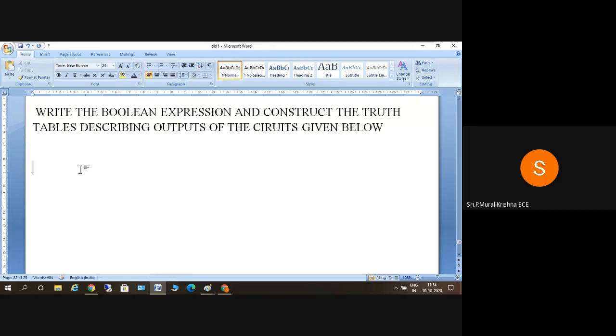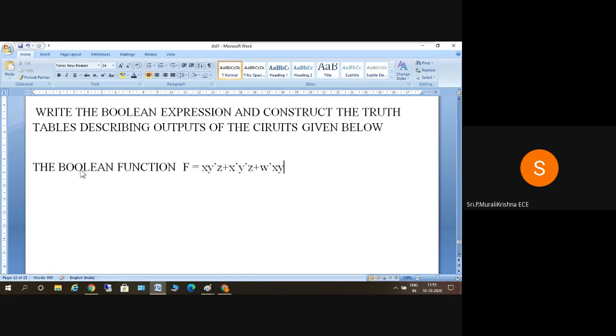So take this assignment problem. The Boolean function is given here. Function f is equal to x y bar z plus x bar y bar z plus w bar x y.